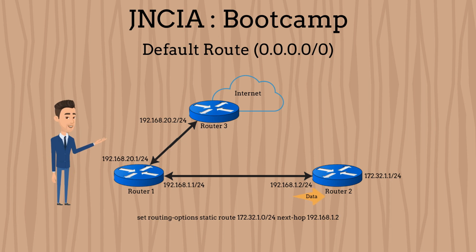For us to send all other data towards the internet, we can put in a default route by configuring set routing-options static route 0.0.0.0/0 next-hop 192.168.20.2.